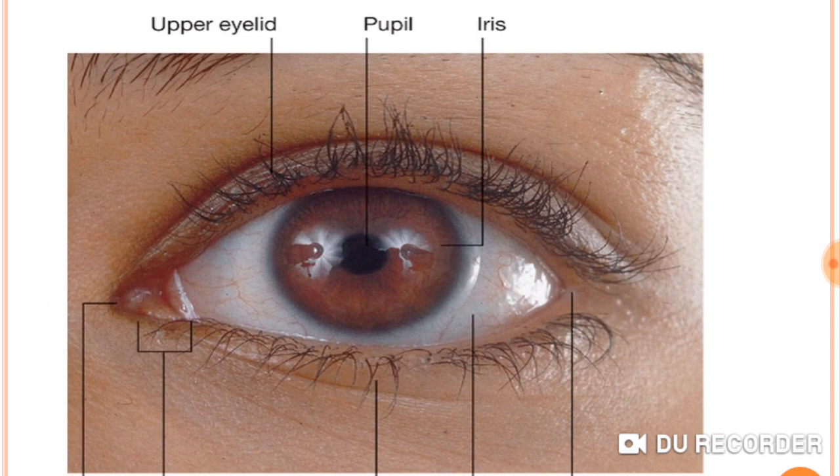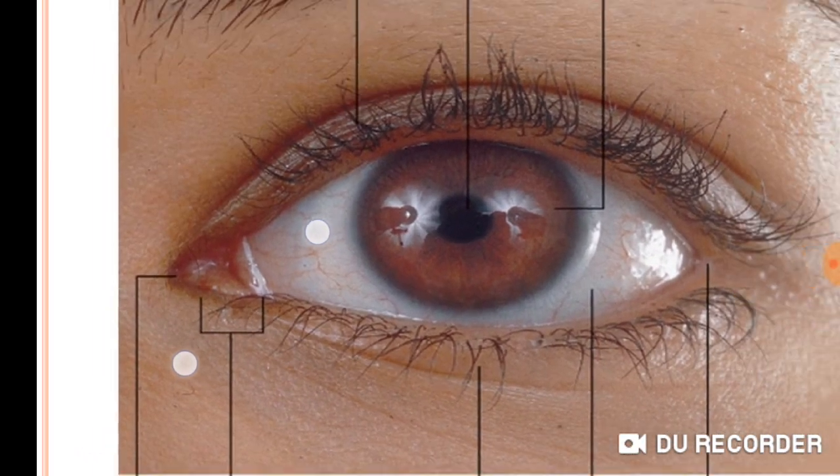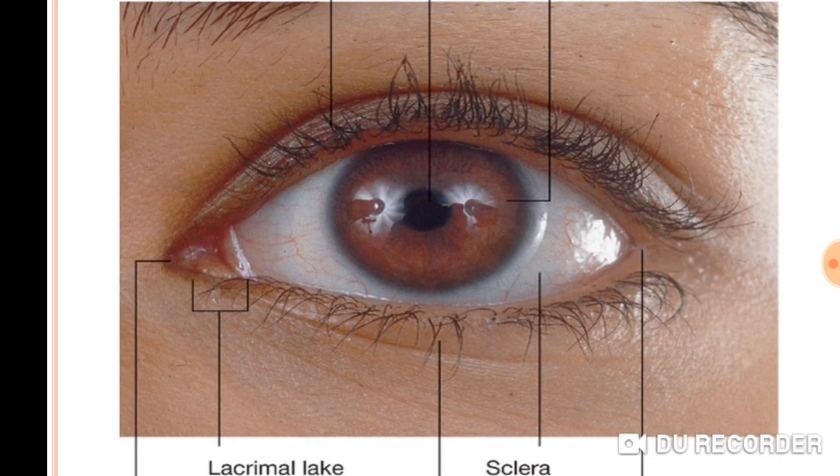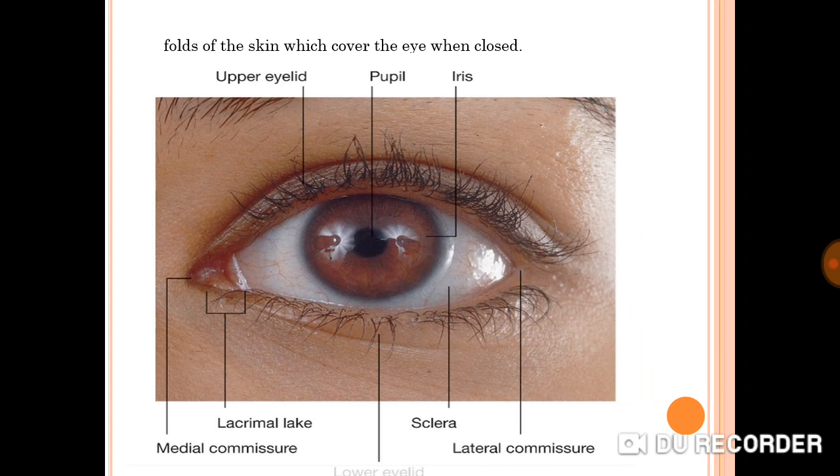In the center you have this elliptical fissure, which is called the palpebral fissure. So just remember: you have the upper eyelid, lower eyelid, lateral and medial angles, as well as a palpebral fissure in between.